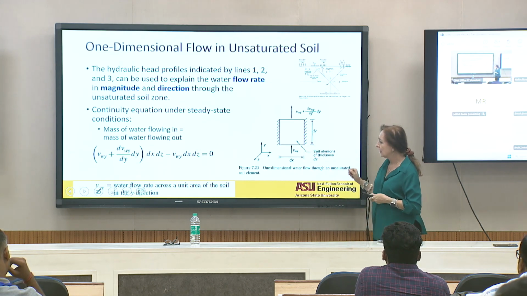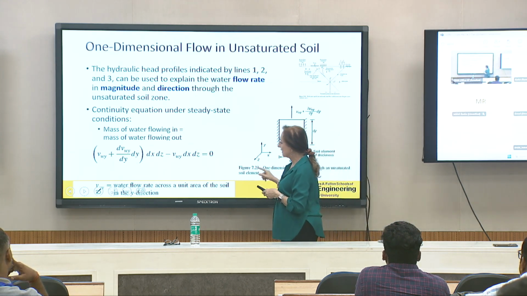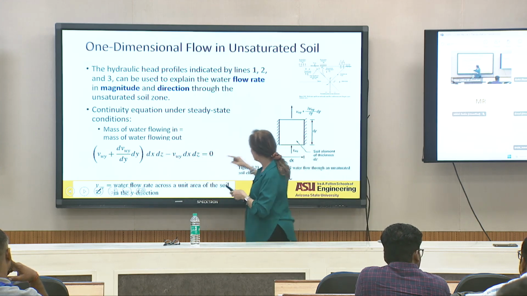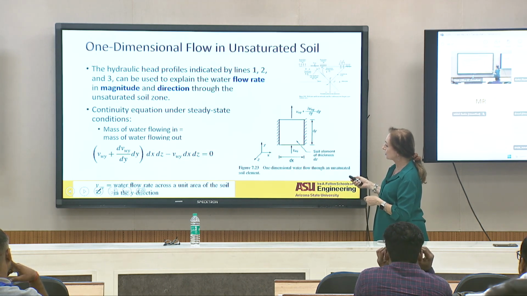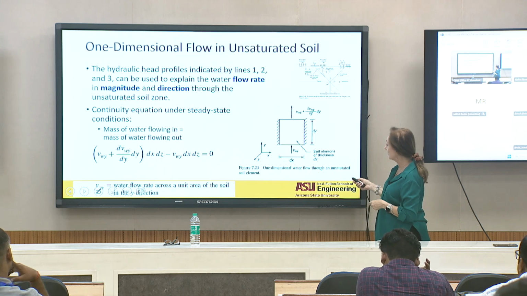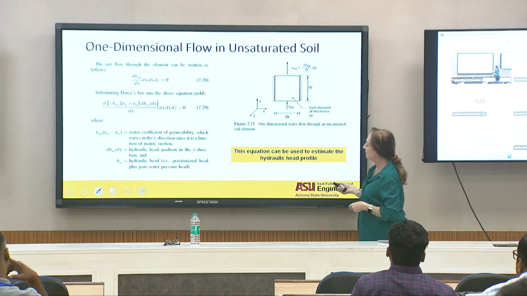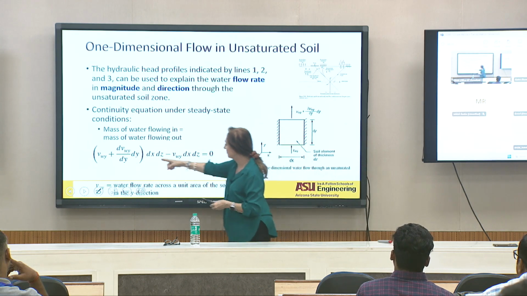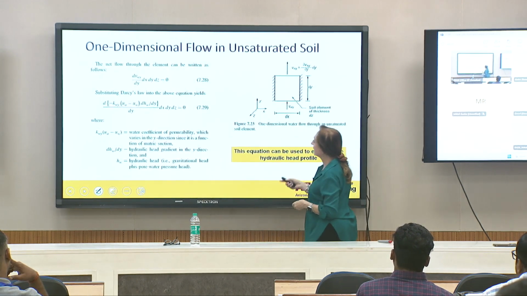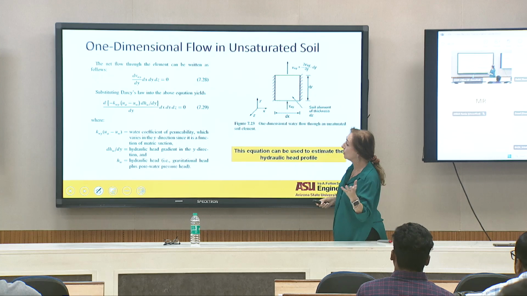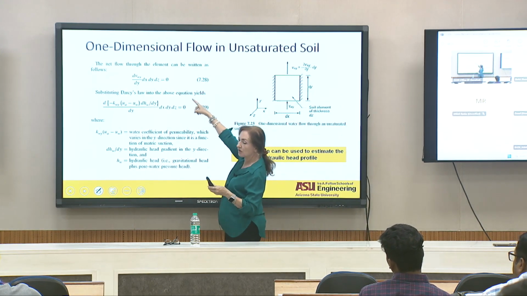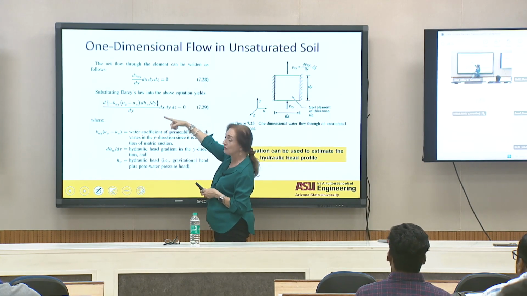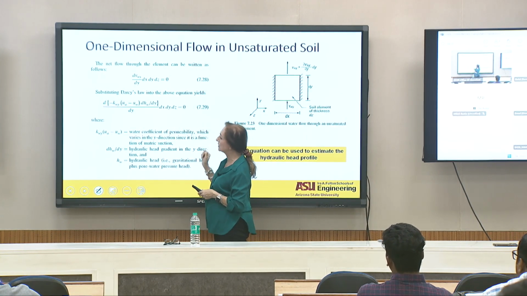It's just an equation in which you do have the flow of the water. I'm going to give you the Darcy's equation in a minute. This is just Q in minus Q out equals 0. And then you can have a net flow through the element that can be written as this one, and this is just solving this simple math, and then you get the Darcy's law into that equation, right?